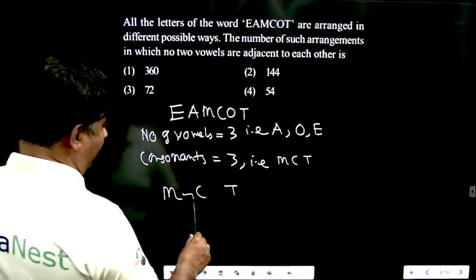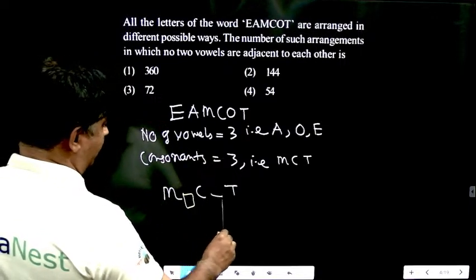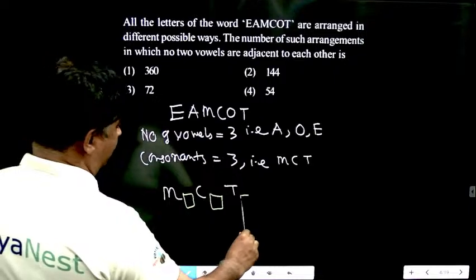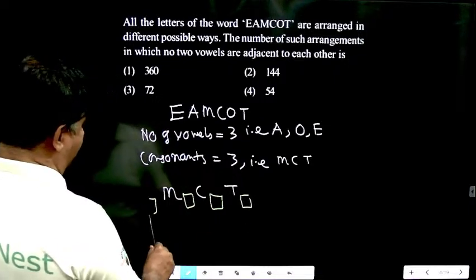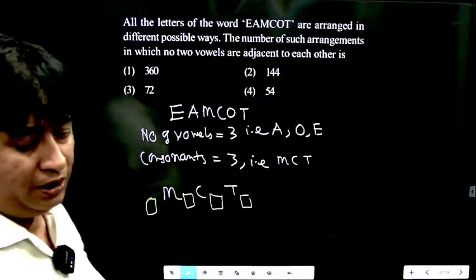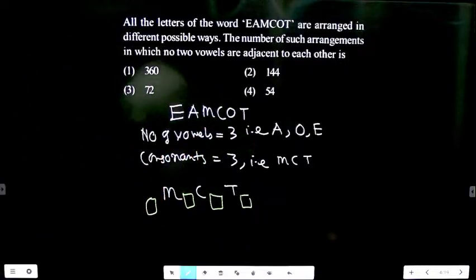So there is one empty space, one empty space, one empty space, one empty space. In this 4 space, among 3 consonants, I can put these 3 vowels so that no vowels will come adjacent.